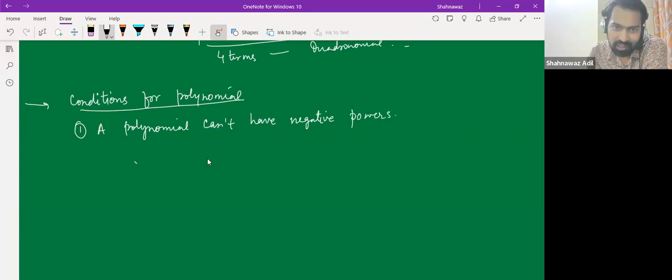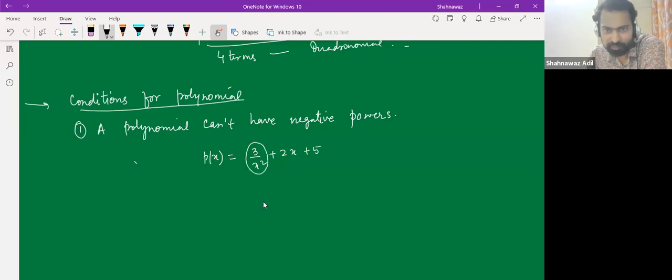Let's say I write a polynomial like 3 by x squared plus 2x plus 5. So this is a trinomial, but is this a polynomial? What is the power of this term?